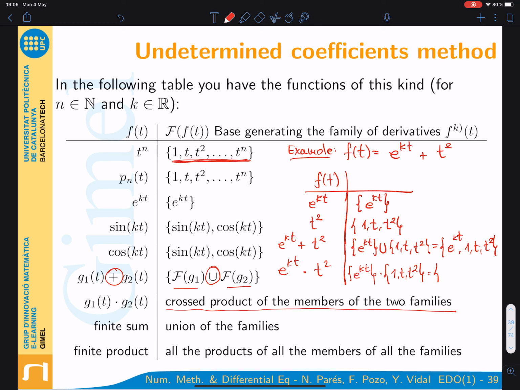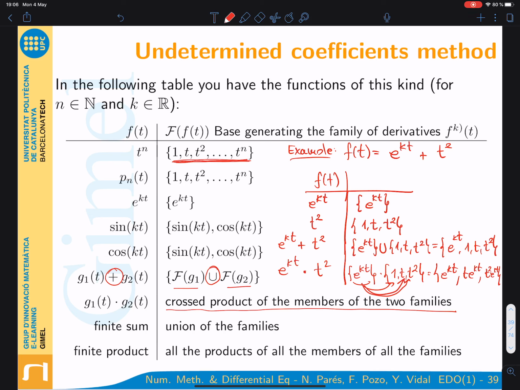That's the exponential times 1, the exponential times t, and the exponential times t squared. And that's the basis for the product of two of these functions, okay?